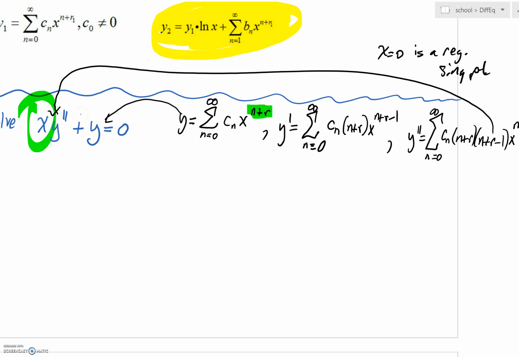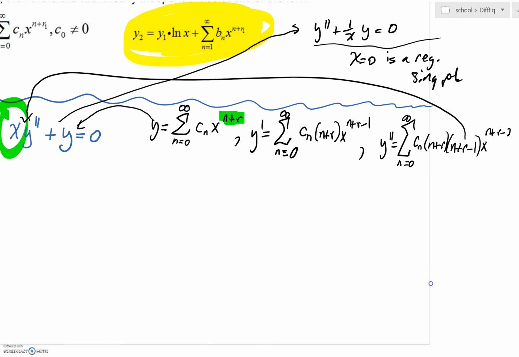Well, if we were to divide everything by x, we're guaranteed that x minus 0 just shows up once in the denominator in front of y prime, and it can show up twice in the denominator in front of the y. So we do have a regular singular point. That means we do need to deal with this n plus r. So that's so important. We can't just gloss over that. We can't just ignore that.